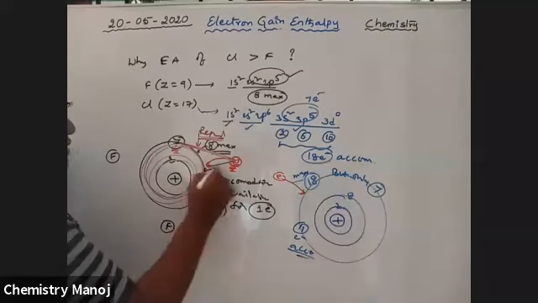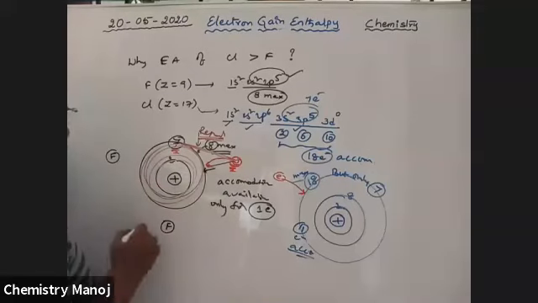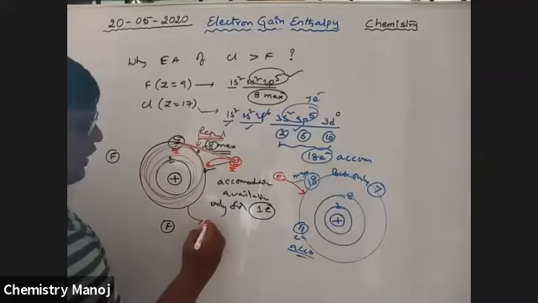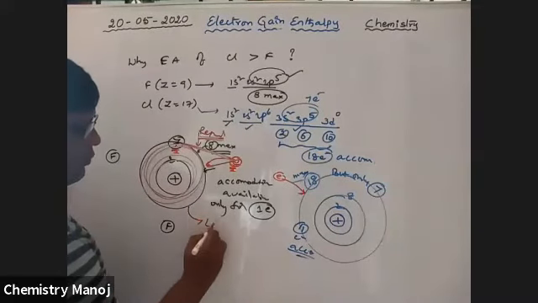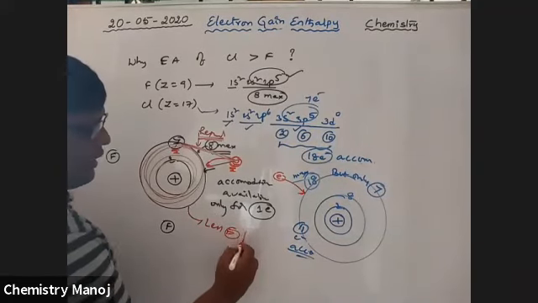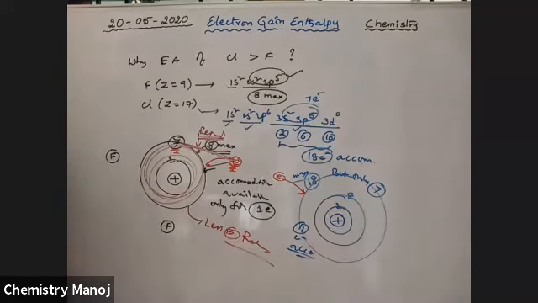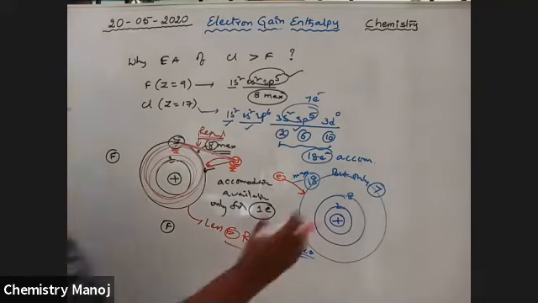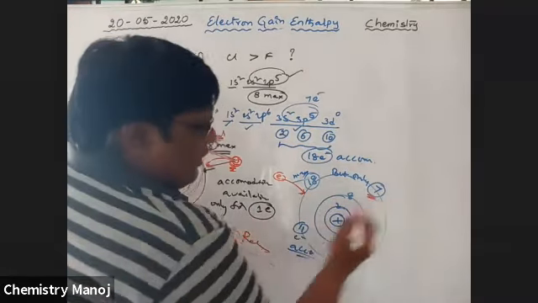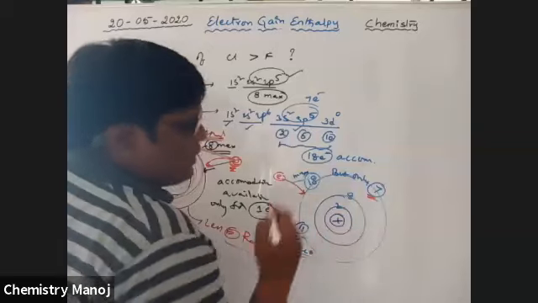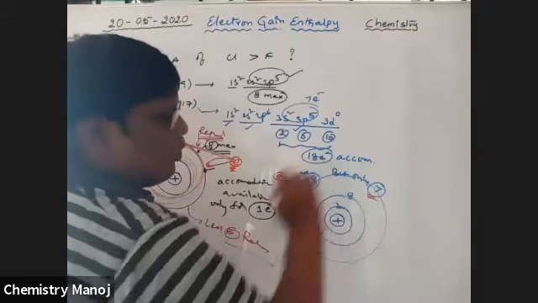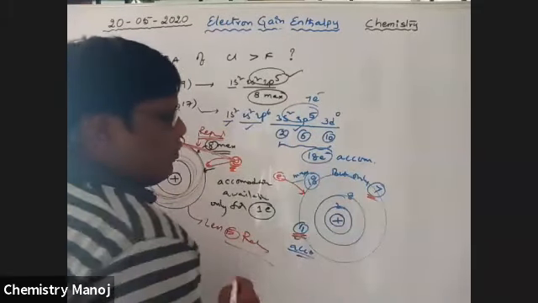Therefore, that electron is not easy to attract into the outermost orbit. Therefore, less energy is released. But in this case, there are only 7 electrons and high nuclear charge is there. Even though it has more size, 11 electrons accommodation is possible.